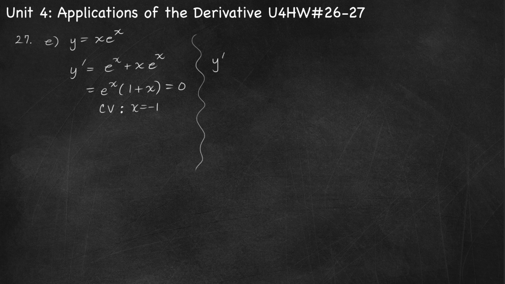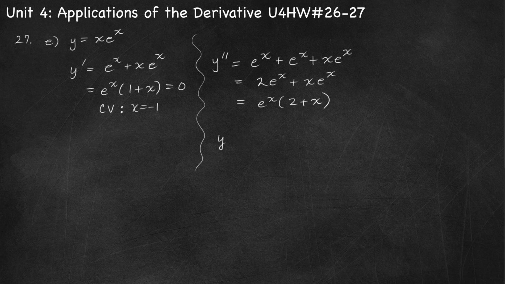Second derivative. Derivative of e to the x is e to the x. The derivative of x e to the x, well, I know that because that's what my y prime was. So e to the x plus x e to the x, or 2e to the x plus x e to the x, or e to the x times 2 plus x.